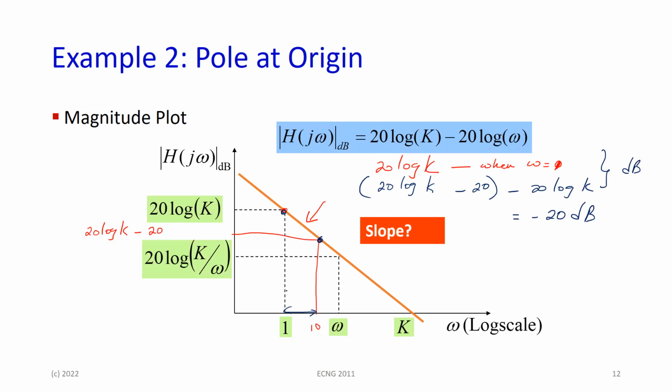So in other words, when the frequency increases by 1 decade, the magnitude decreases by 20. In other words, the slope of this is minus 20 decibels per decade. Everybody seeing that?